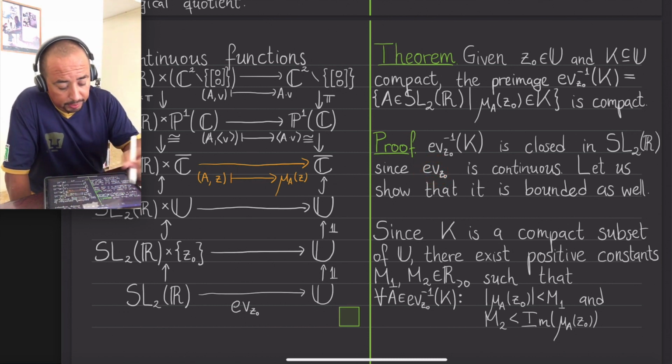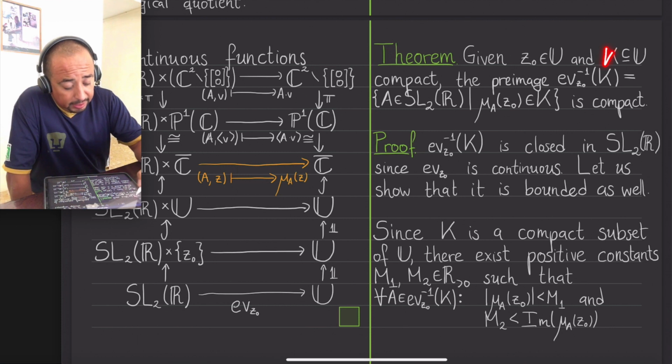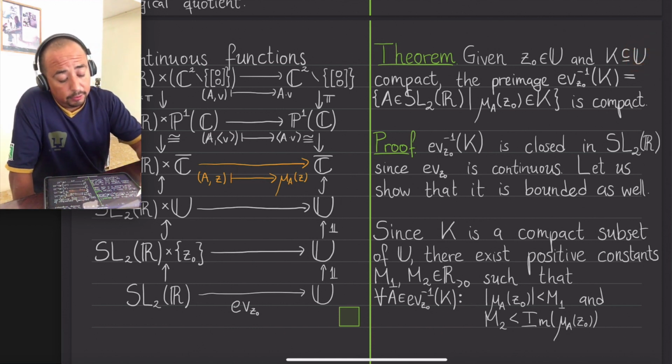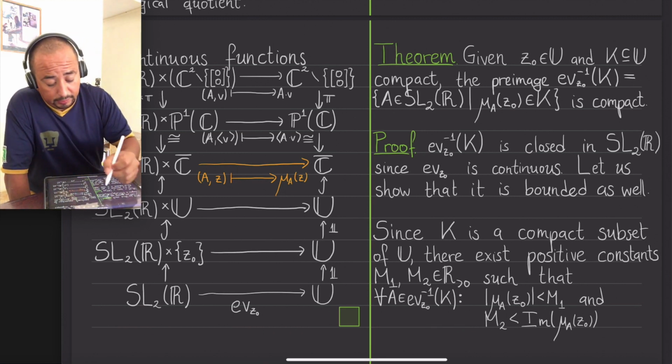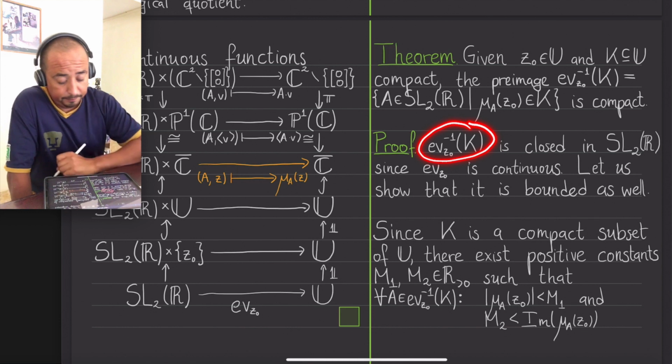So since K is compact in U, and U is open in R2, K is closed and bounded in R2. In particular, it's closed. So since the function is continuous, this one is closed.